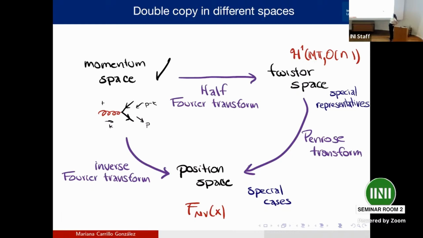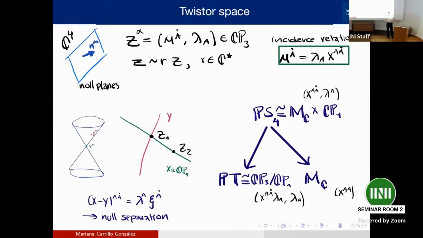Instead of doing the full Fourier transform here, if you just do half a Fourier transform, you will get to twistor space and functions that are in twistor space. But there's also something called a Penrose transform that allows you to relate solutions in position space to functions in twistor space. So let me give a very brief introduction to what twistor space is.